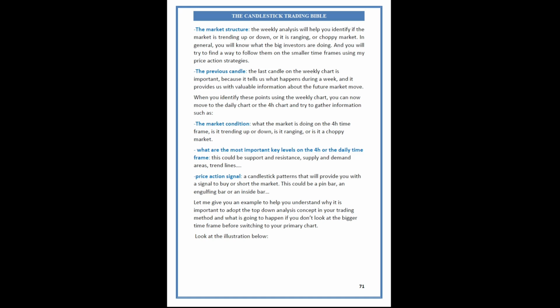This could be support and resistance, supply and demand areas, trend lines. 4. Price action signal, a candlestick pattern that will provide you with a signal to buy or short the market. This could be a pin bar, an engulfing bar, inside bar, etc. Many different candlestick patterns.